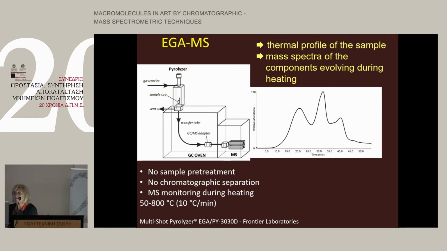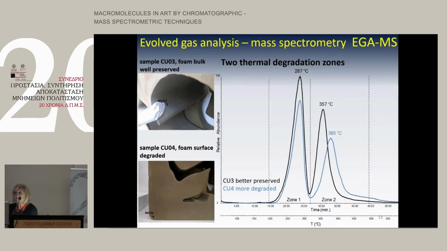At first we tried to make evolved gas analysis to see how was the behavior of the polyurethane foam. In this case, you can have a thermal behavior, and under the thermal curve, you can understand all the mass spectra which are generated by the volatile organic materials which are evolved in time in this technique.